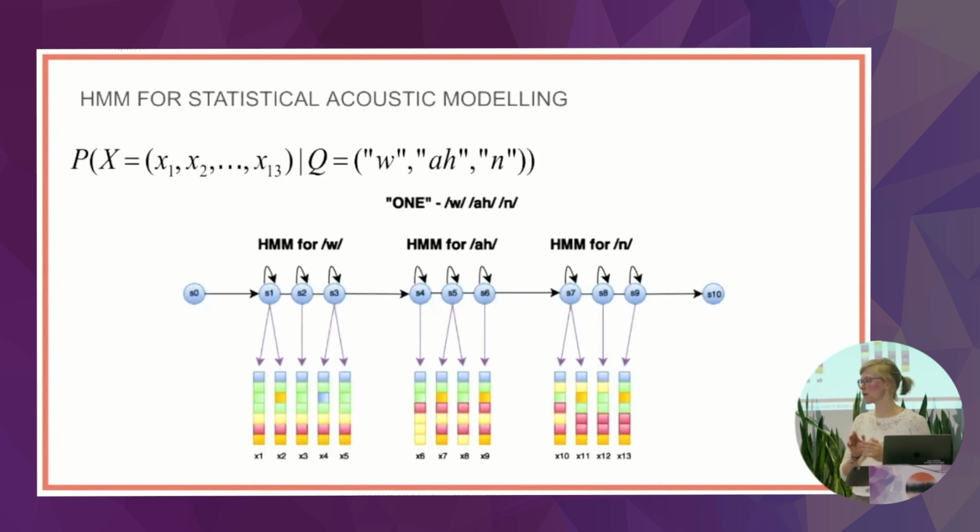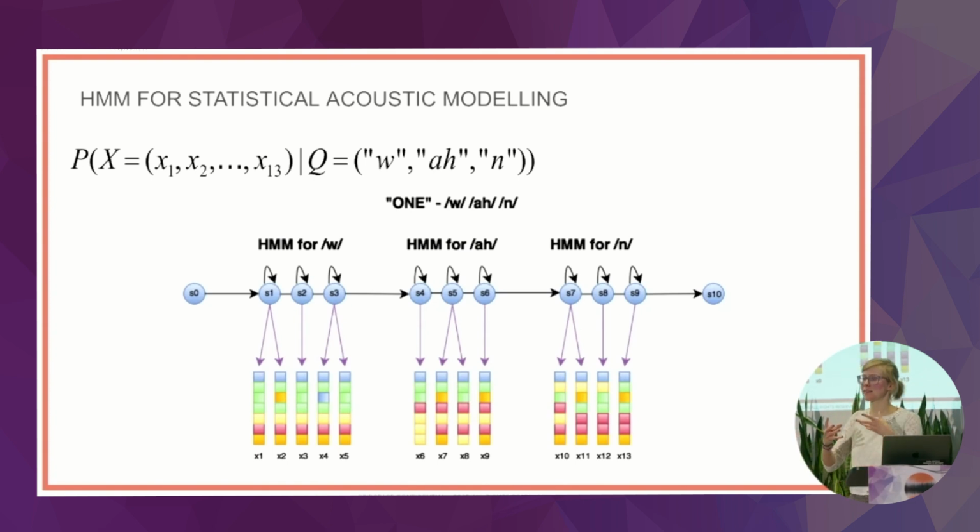What if these coefficients were generated by a statistical model? This was the next stage for LPC source filter modeling: rather than having a lookup table for LPC coefficients, they used statistical acoustic modeling, so HMMs for generating those acoustic features. HMMs are good for acoustic modeling because of their sequential statistical transitions, right?